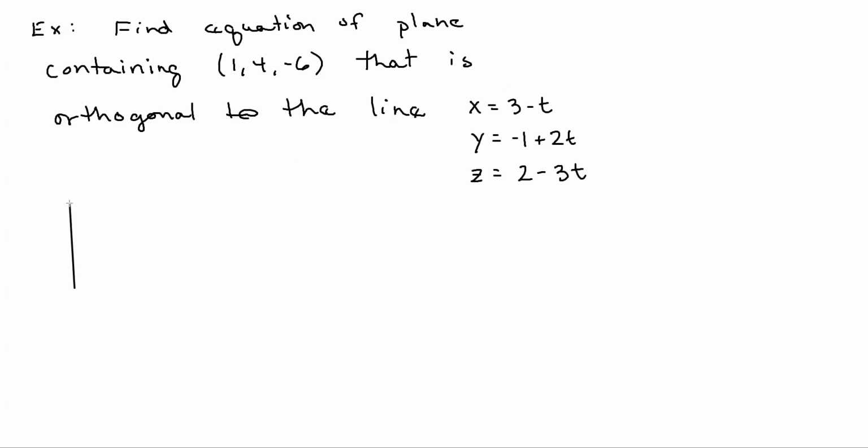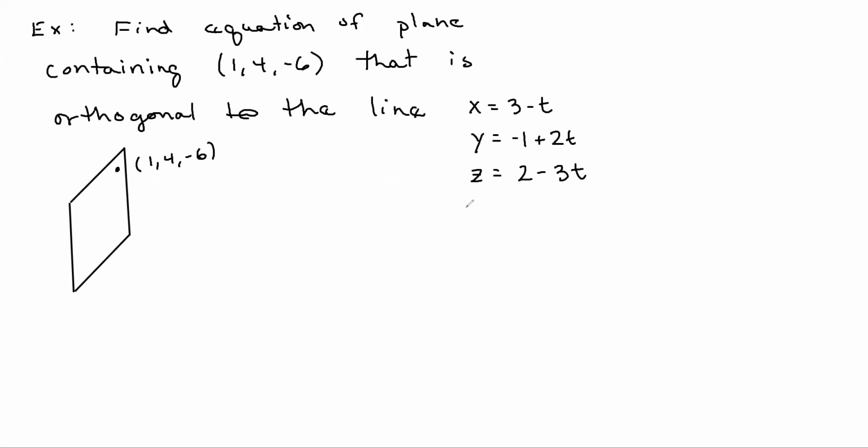Well, one thing that you can do, you could go through and you could draw a picture. Maybe not strictly necessary, but again, it's good practice. So we can go through and say, hey, this is our point, (1, 4, -6).